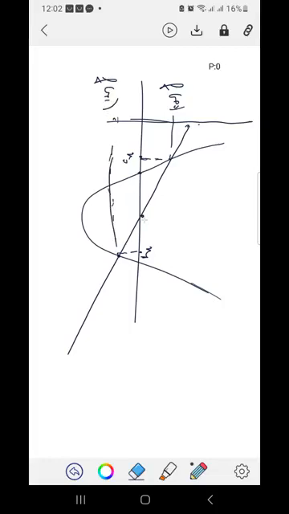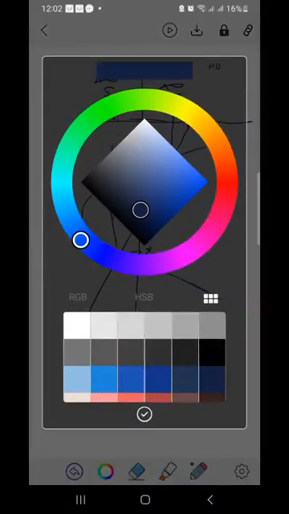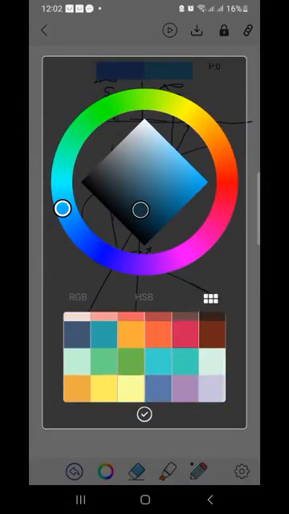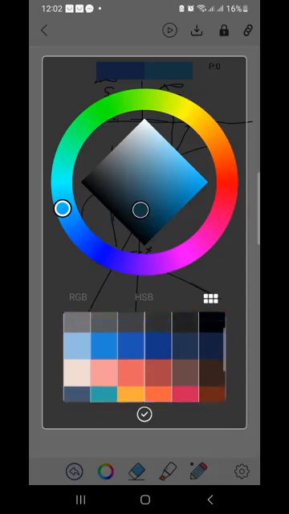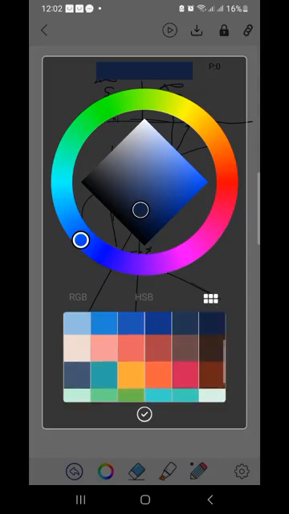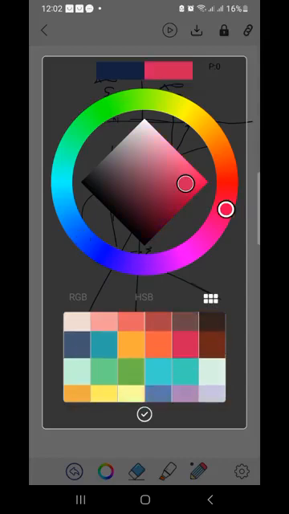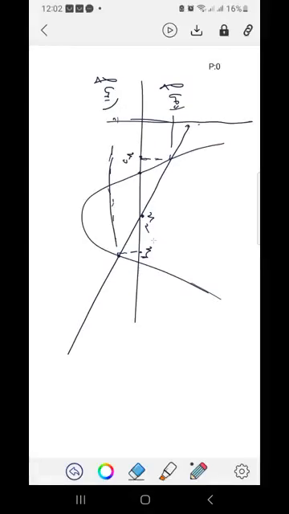Now we look at point x2. Let me pick another color, something brighter, like reddish. Great.